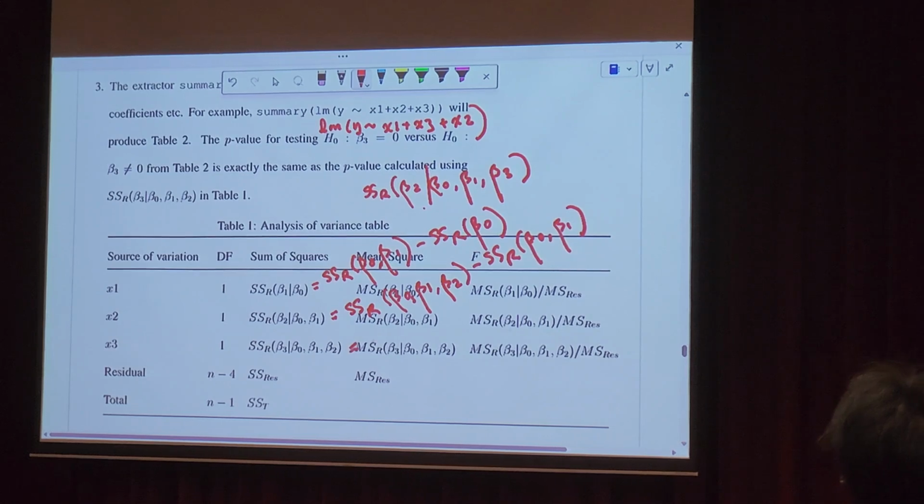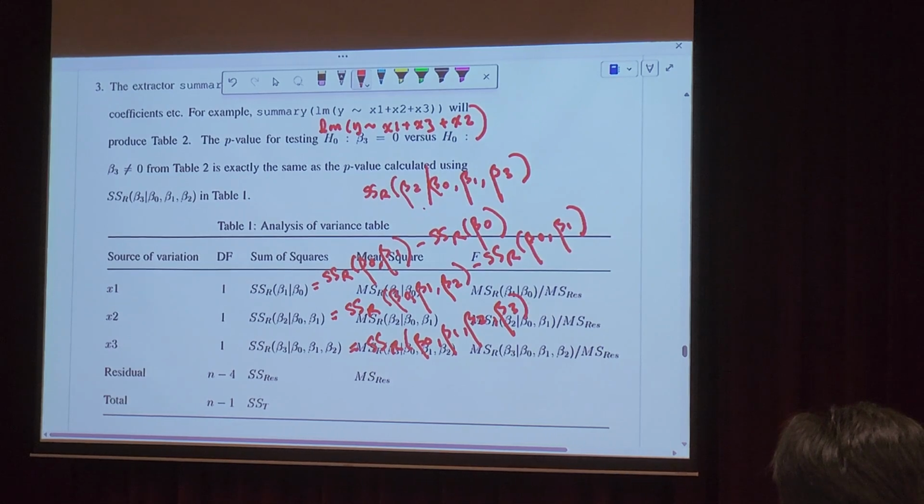Just one more: this is SSR of beta naught, beta 1, beta 2, beta 3 minus SSR of beta 0, 1, 2. Do you see that? That's the meaning of it.